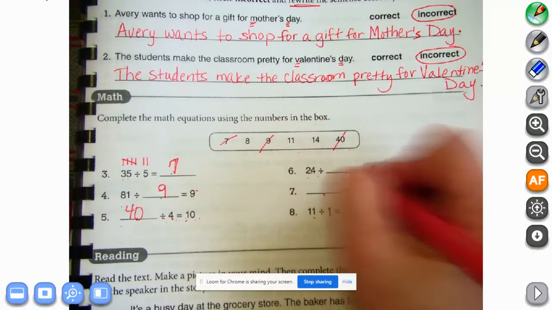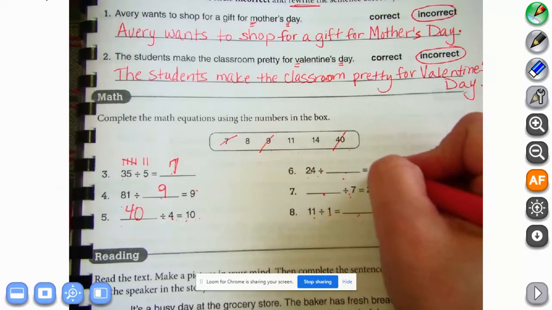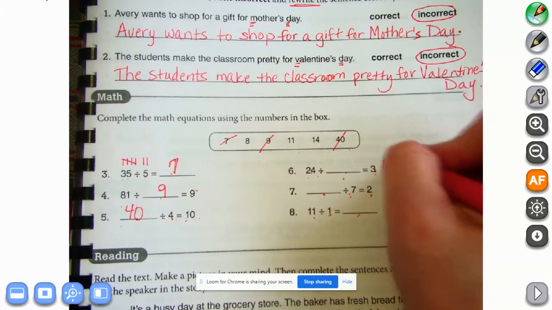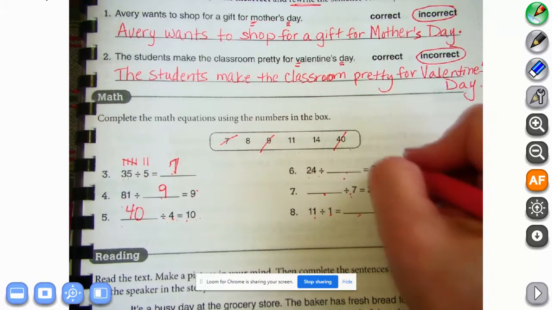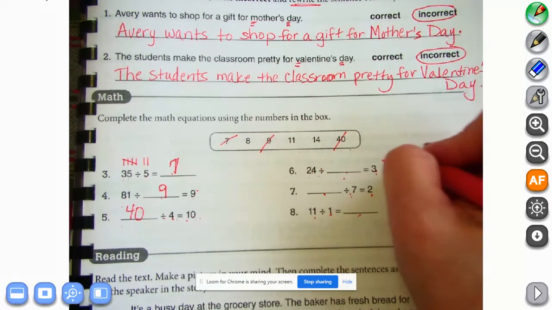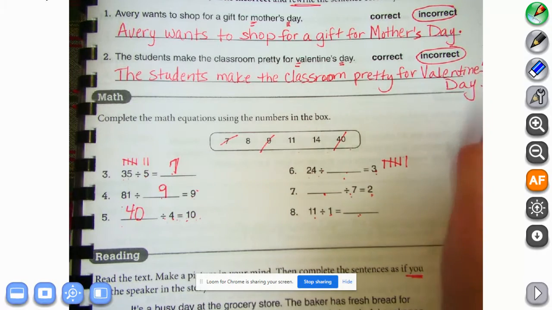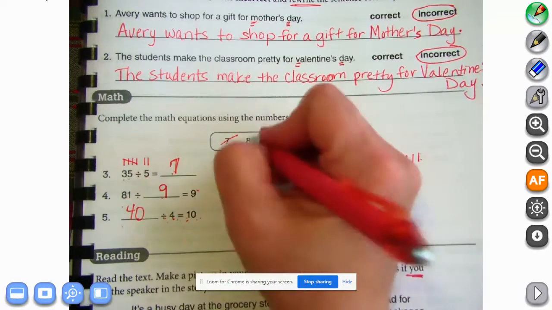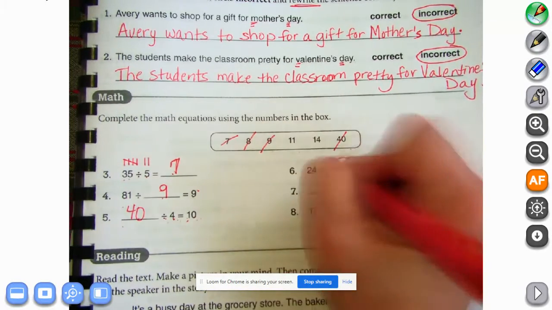24 divided by what will be 3, or we can skip count by 3 till we get to 24. So 3, 6, 9, 12, 15, 18, 21, 24. That's 8. 3 times 8 is 24.